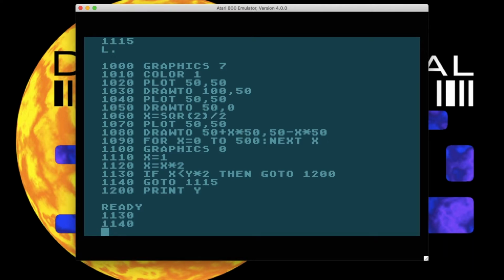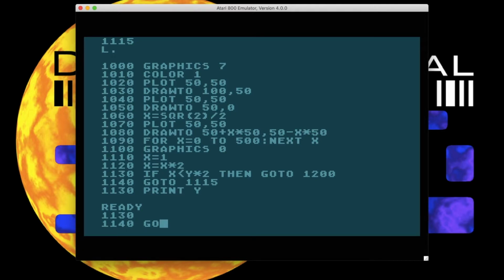And we'll move print to 1130. And we'll do our go to at 1140.